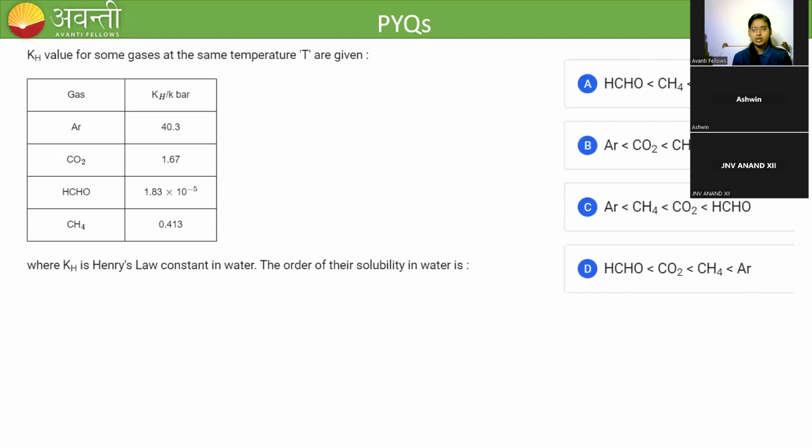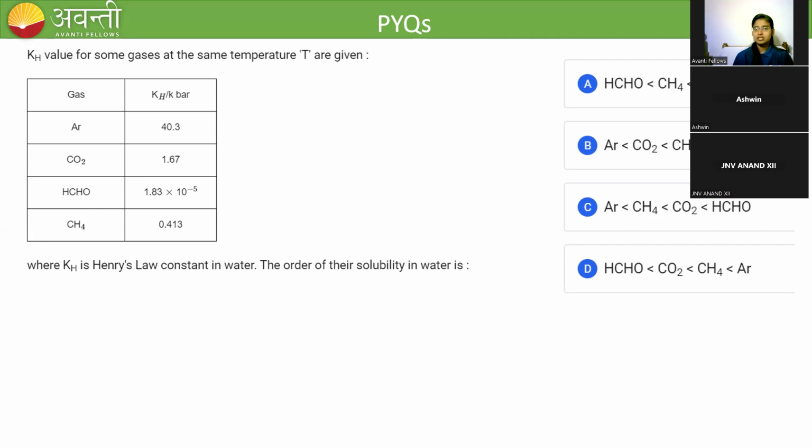Here is the first question for you. The KH values for some gases at the same temperature are given, where KH is the Henry's law constant in water. The order of their solubility in water is? So the KH value is given in the question, and we are asked to find the order of solubility.